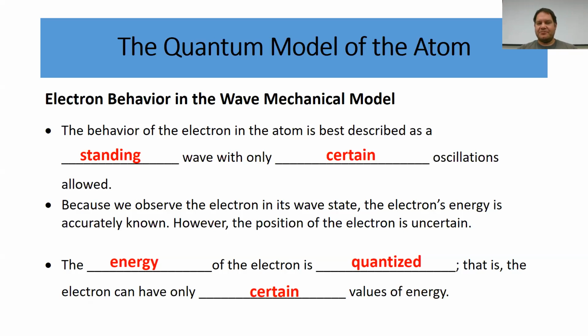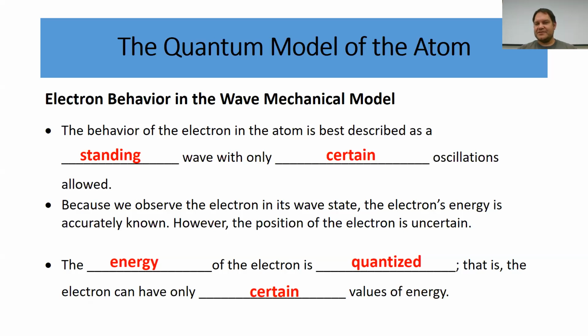Because we know the electron's wave nature, the electron's energy can be accurately known. And that goes along with Heisenberg's uncertainty principle: if we know the wave nature of it, we can determine the energy accurately. But what we can't do is determine the electron's position accurately.